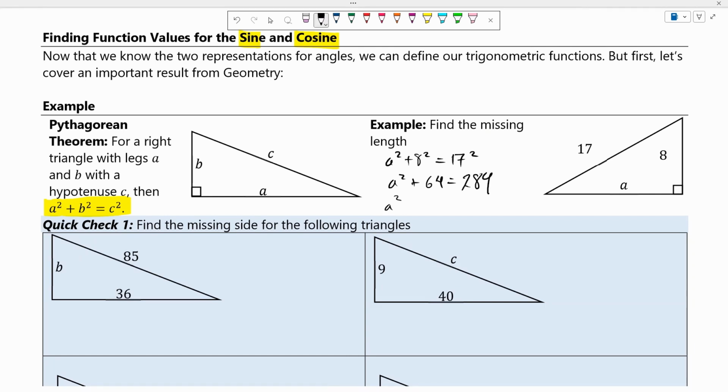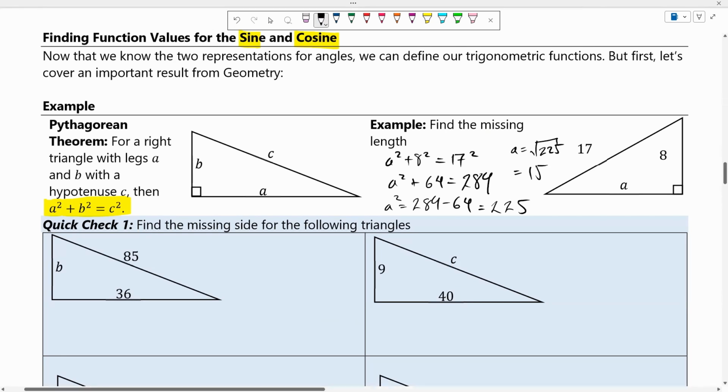So then A squared is 289 minus 64, which is 225, and then the square root, so A is equal to the square root of 225, which is 15.